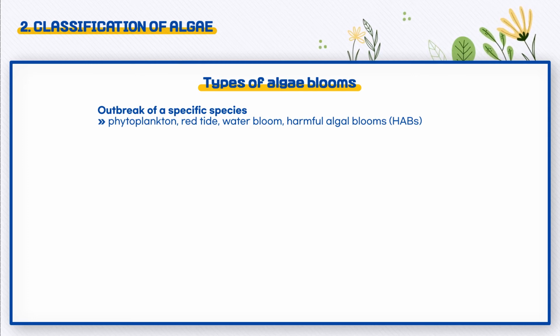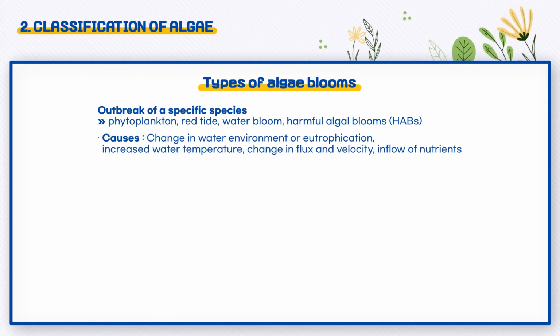However, phytoplanktons, which involves an outbreak of a specific species, will lead to the deterioration of water quality and cause other problems. This is known as water bloom, and red tide in the sea. This indicates eutrophication, caused by a change in the water environment, such as increased water temperature and change in flux and velocity, as well as an inflow of nutrients as the main cause.